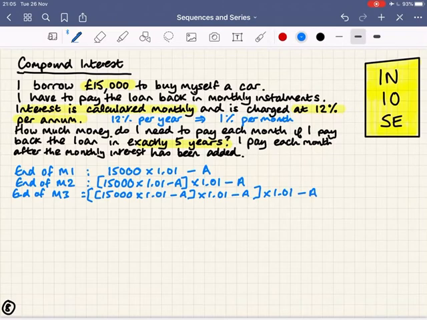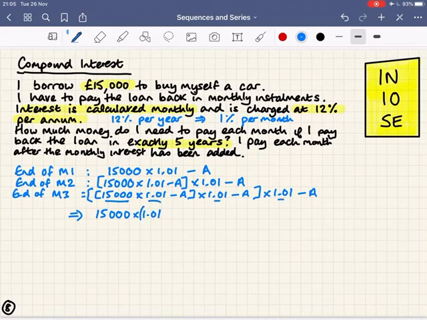These are just a running total, but what would be good is if we simplify that, we can hopefully see a pattern. What we can see is, if we expanded all of that out, we'd have 15,000, this bit, times 1.01 once, twice, 3 times.